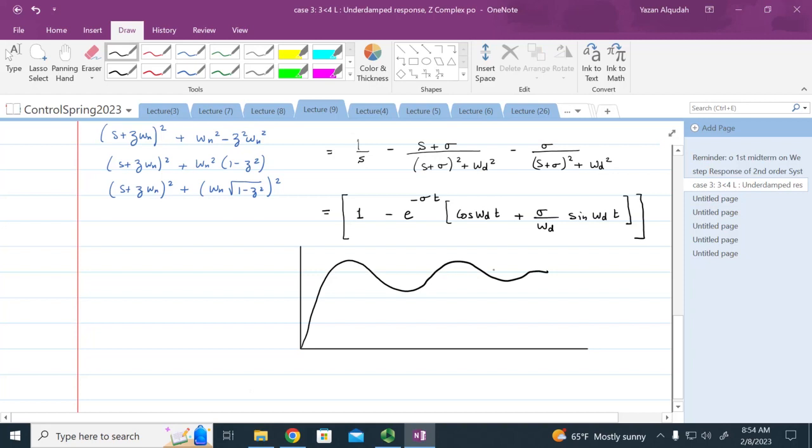So therefore, if I were to plot the response of this system, I might get a response that looks like this. I might get a response that looks like this, or like this. All these are examples of an underdamped response.